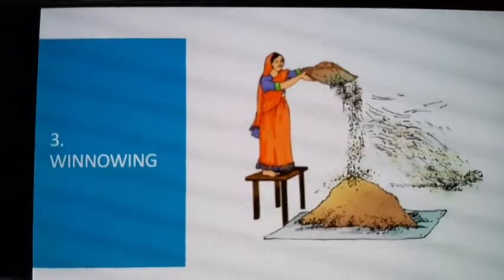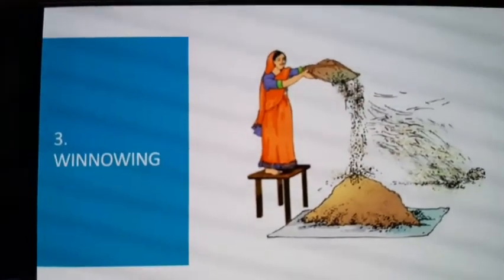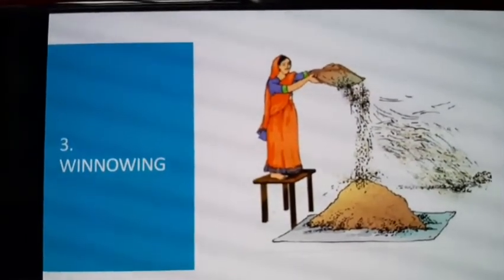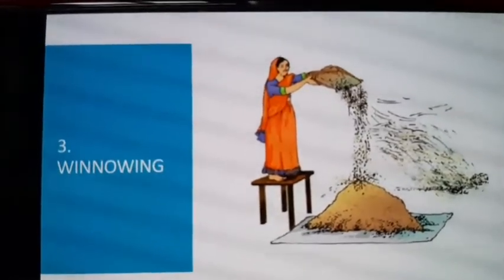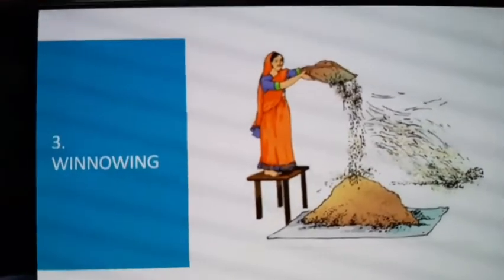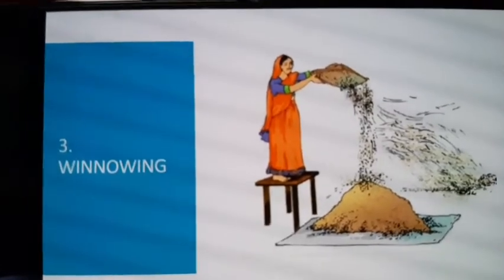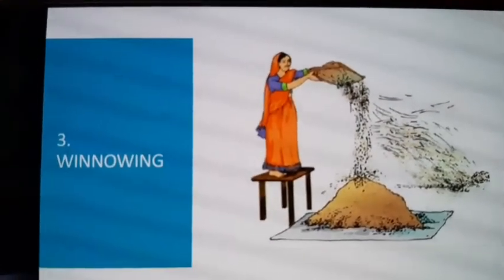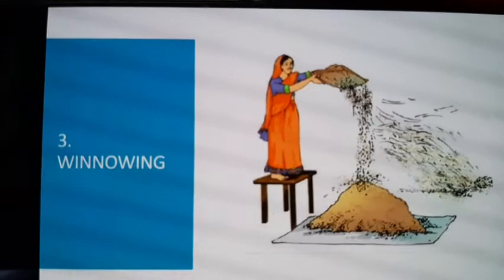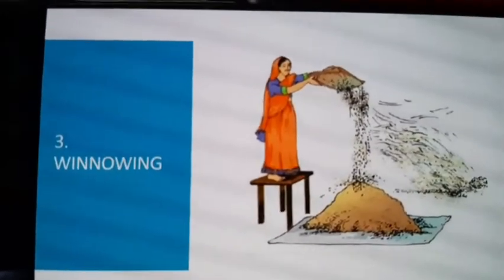So in this procedure you can see the grains being separated from the mixture, and the husk is being separated from the mixture, and the grains are coming vertically downwards towards the ground.